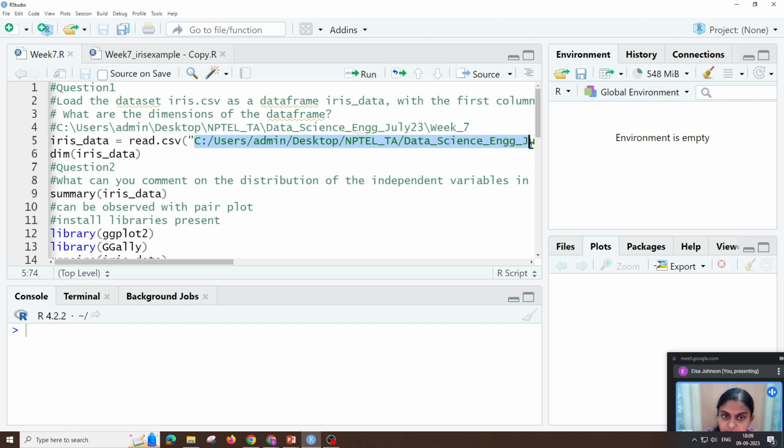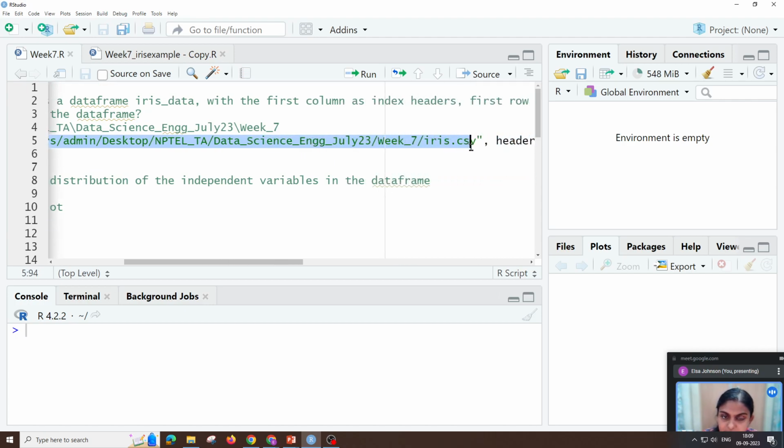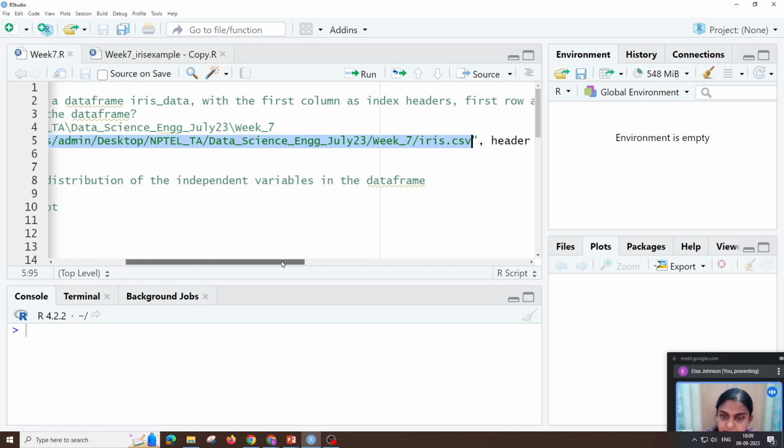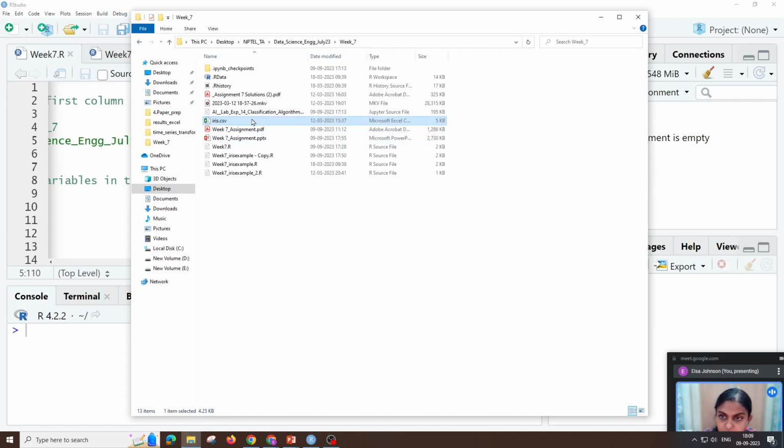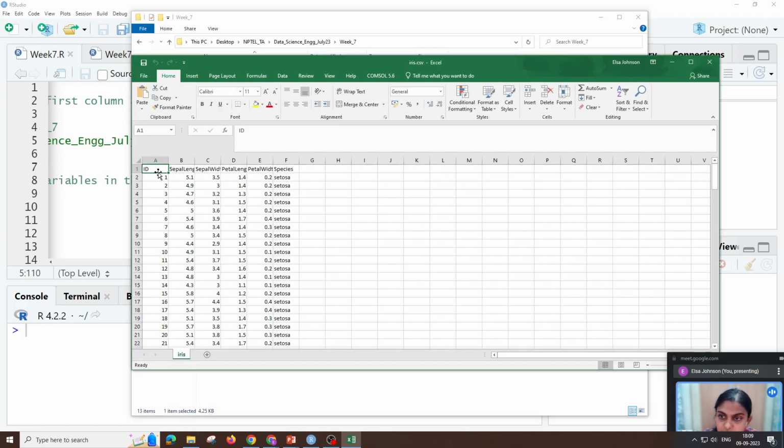I have given the path here and the name of the file, and then I have given header equal to true, meaning that the first row is the header.